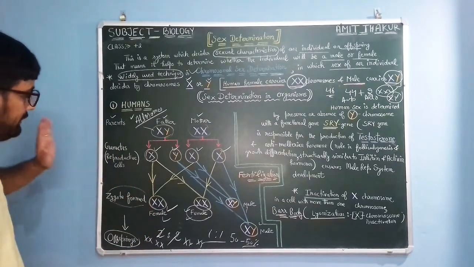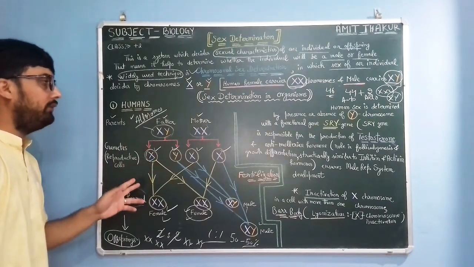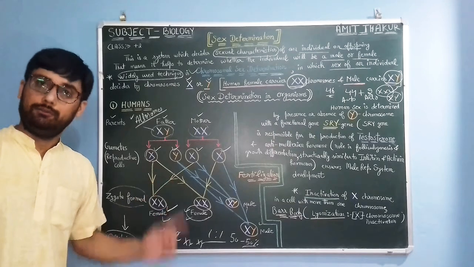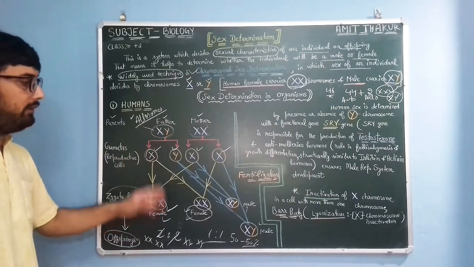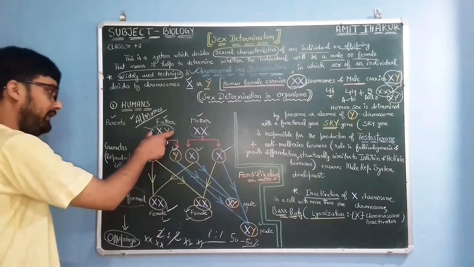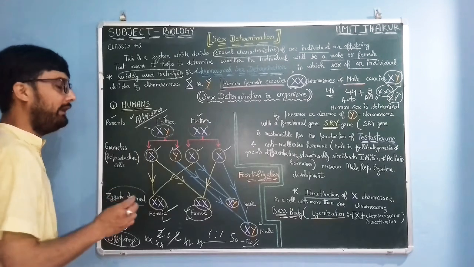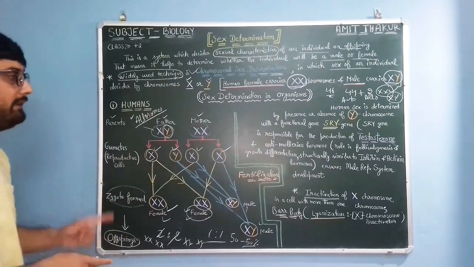One thing you should also know is that the father is responsible for the sex of an individual. It is the father who is responsible for the sex of an offspring, because here you can see what makes a difference. This Y chromosome of the father is making a difference.